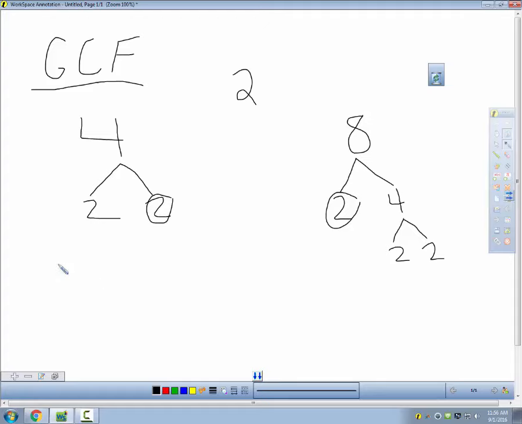If you want to do it another way, you also can. If I had 4 and 8, I can list the multiples of each one.